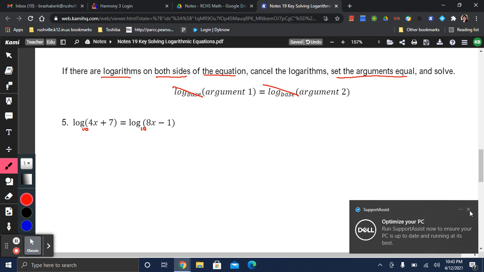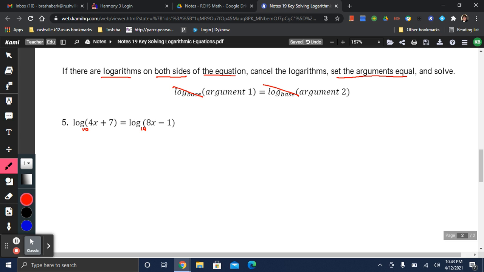Because you have log on each side, you're going to be able to cancel the log and the base and then set the arguments equal to each other. So 4x plus 7 would equal 8x minus 1.